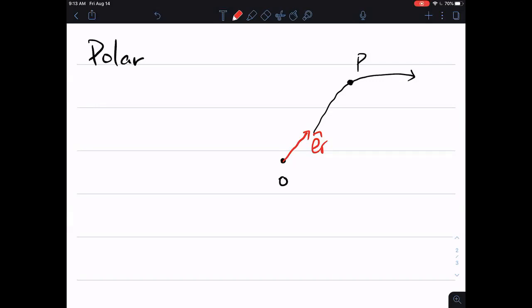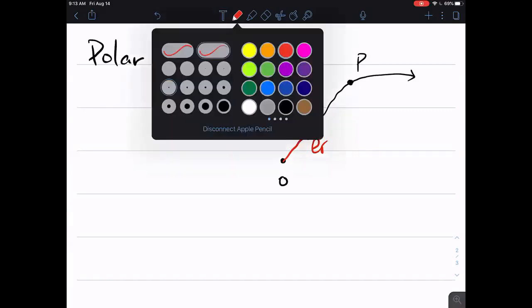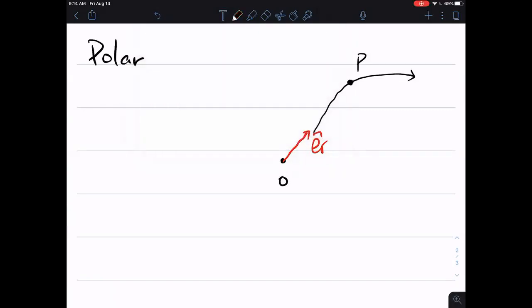So e_theta can either go that way or that way. And which way? In order to answer that question, you need to know the angles. Let's draw a horizontal line as a reference. This point is A. The angle between OA and OP here is theta.